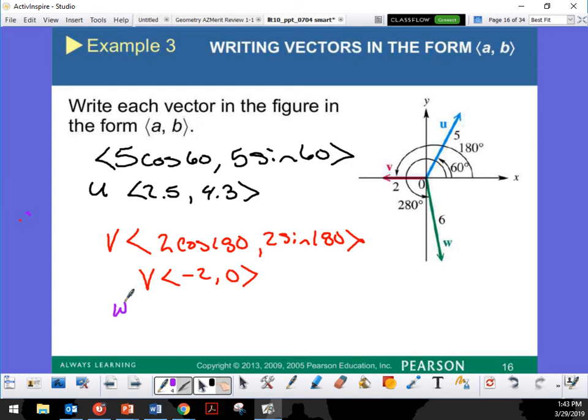So W is 6 cosine of 280, comma, 6 sine of 280.